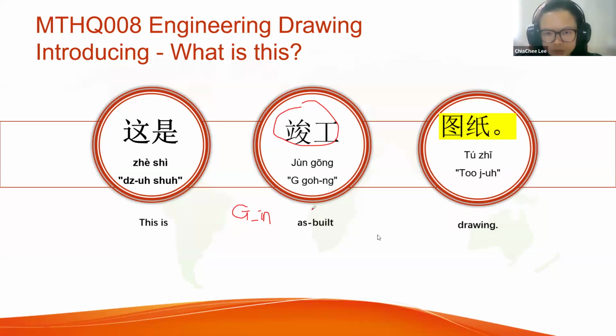Gong, completed work, drawing. So it's as-built drawing. 这是什么图纸？这是竣工图纸。Then you may ask, so I already know 这是 means this.